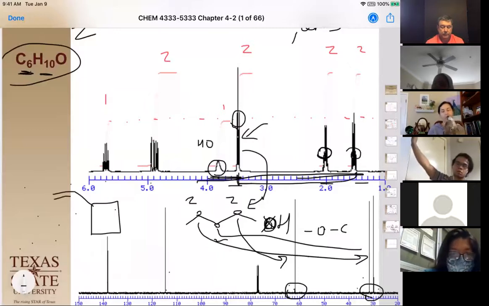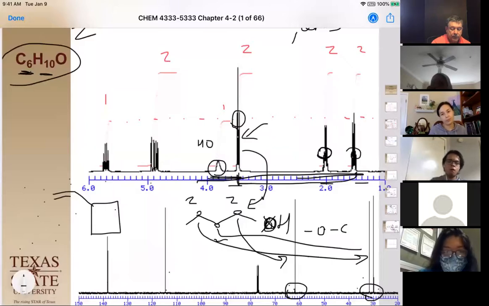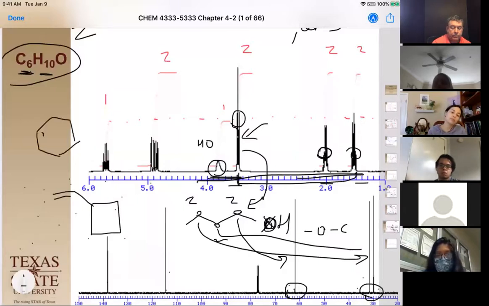Right here. So that's 1, 2, 3, and then that would give us 1, 2. Why not the 6-member ring with 1 unsaturation and OH on the next carbon? Yes.